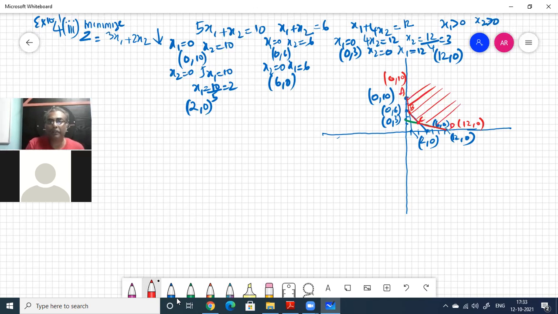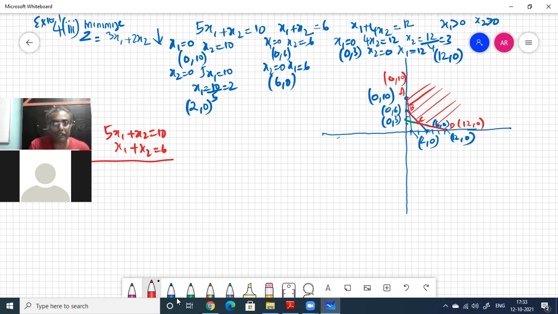B and C are nothing but the intersection of the first line and the second line, x1 plus x2 is equal to 6. This line is intersecting with 5x1 plus x2 is equal to 10, the first line. You can directly subtract.